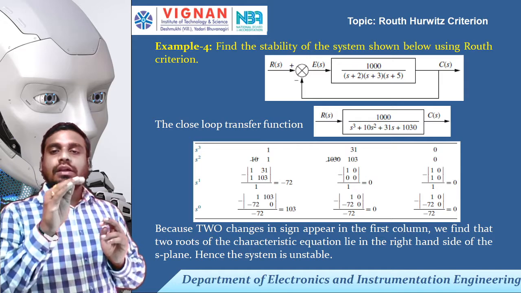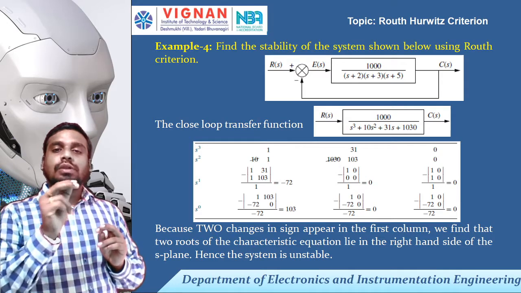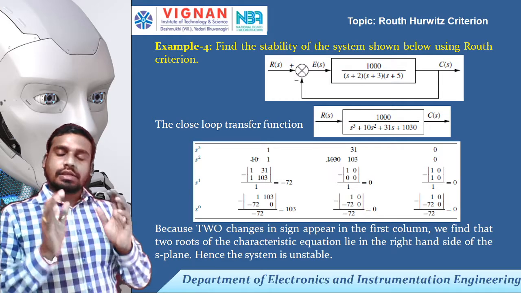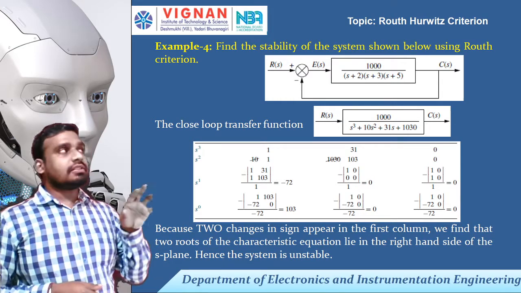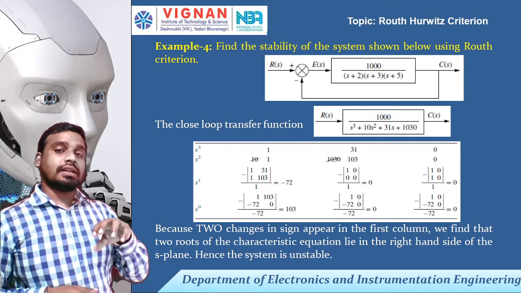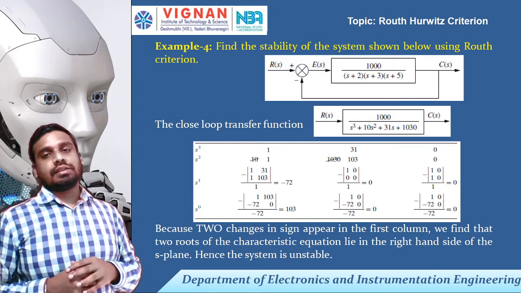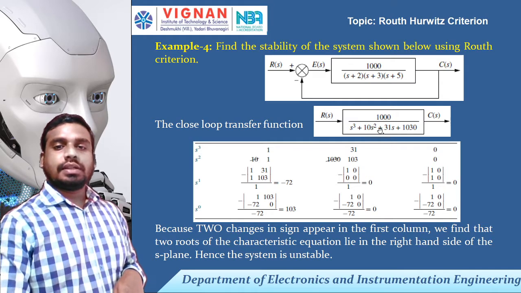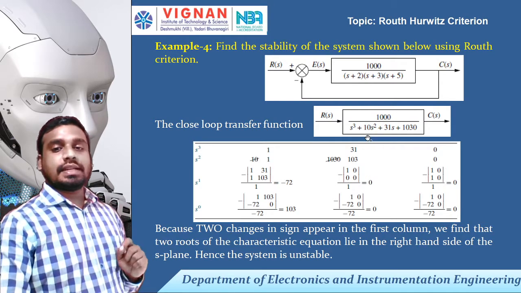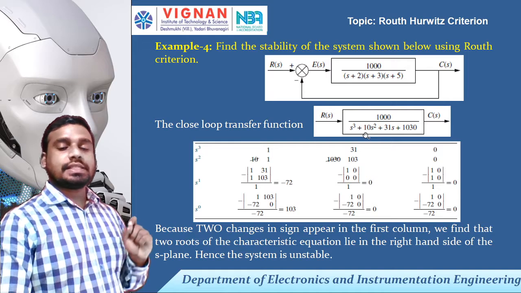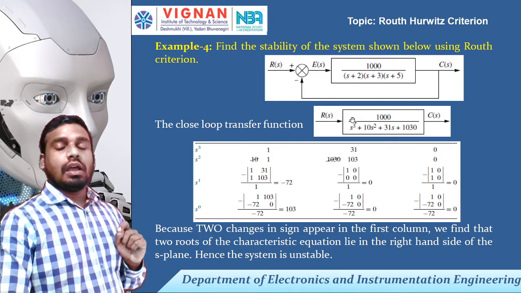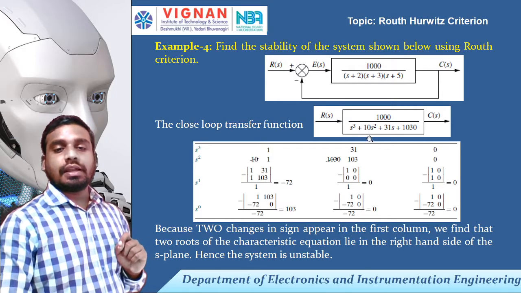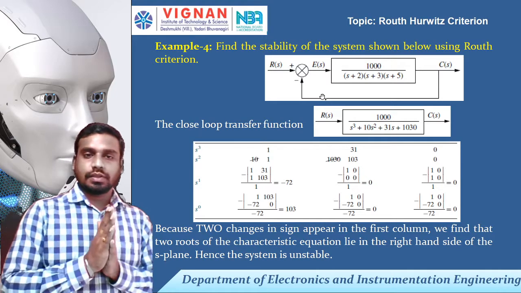You have to substitute G of s into 1 plus G of s as the closed loop equation. Then whatever transfer function you get, we have to consider its denominator. So this closed loop transfer function here is 1000 by s cube plus 10s square plus 31s plus 1030, right? For this transfer function, take the denominator and build a Routh table.